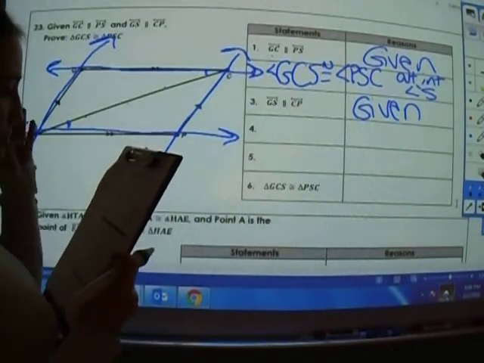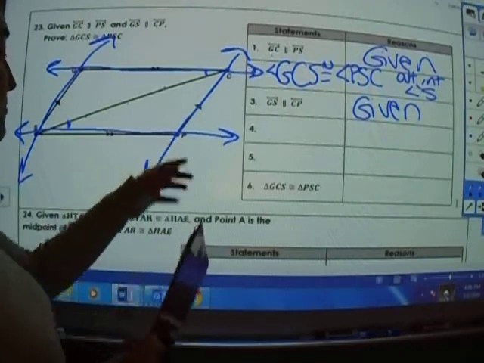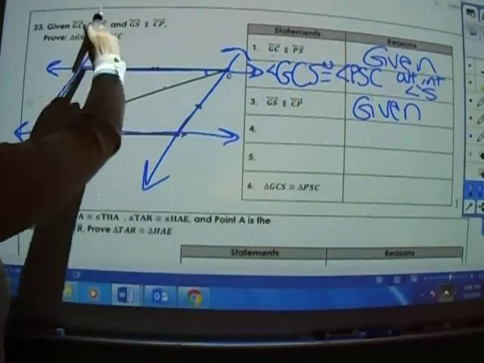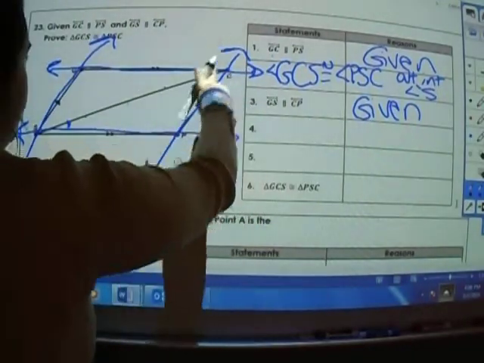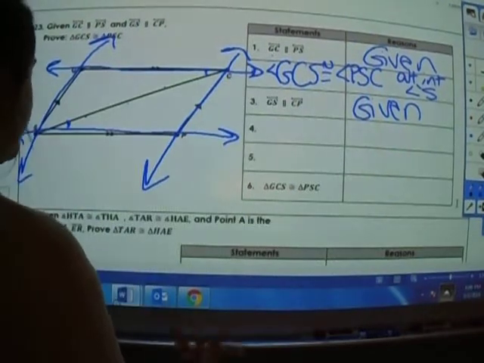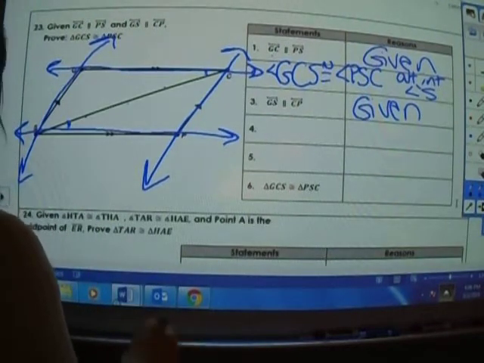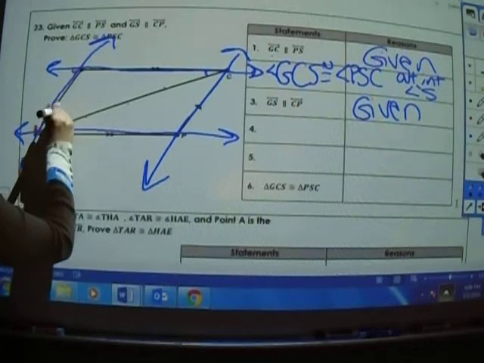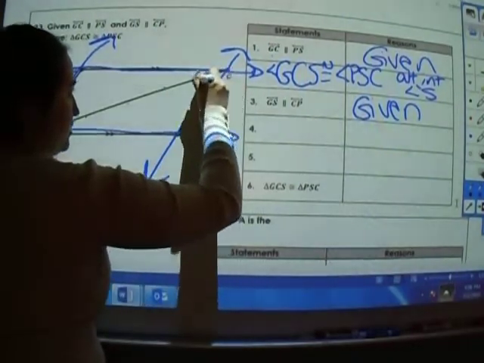So next, we already have this as our given. So number 4, since we have now that GS is parallel to CP, we can say the reverse, right? We can say these are alternate interior angles, right?